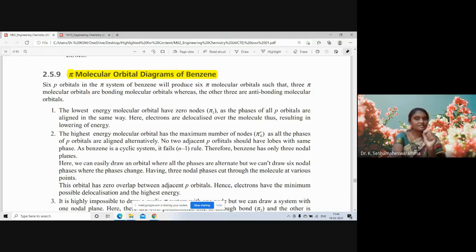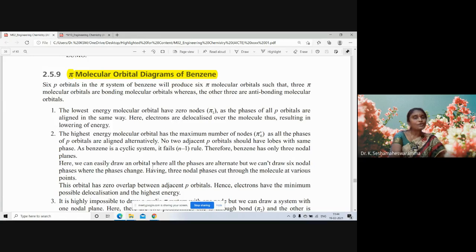If, suppose, 6 p orbitals are there, if 5 nodal planes, there is no cyclic structure of benzene possible. Hence, up to only 3 nodal planes we can observe in this system, because benzene is cyclic and also aromatic.